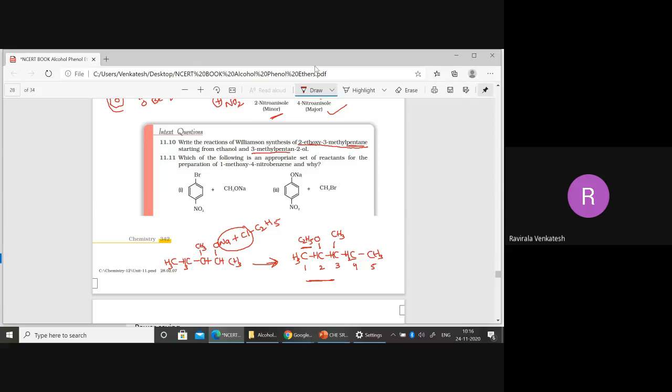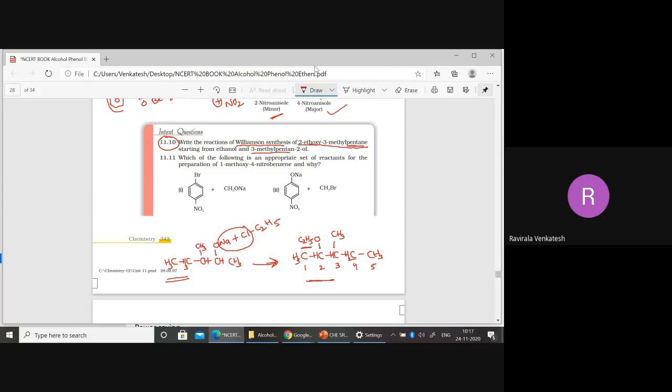Now which reaction is this? Which reaction is it? Reimer-Tiemann reaction. Okay. What are we discussing? 11.10. Write the reaction of Williamson synthesis.